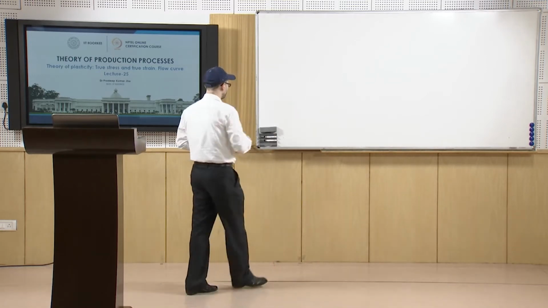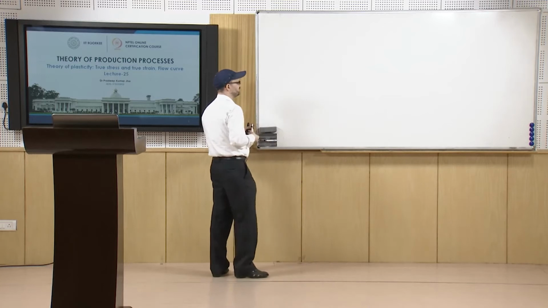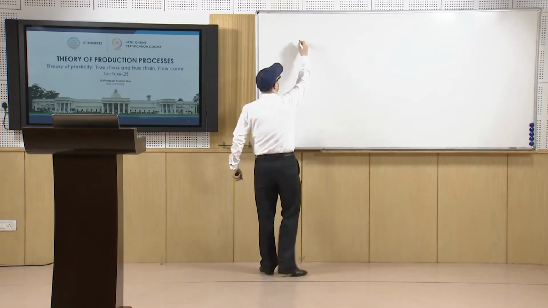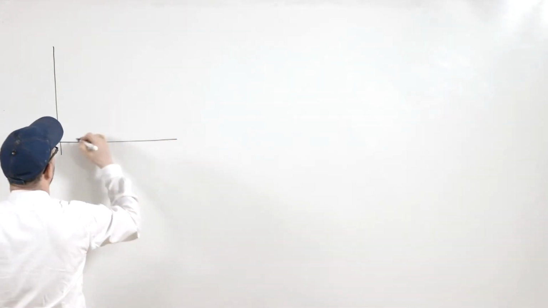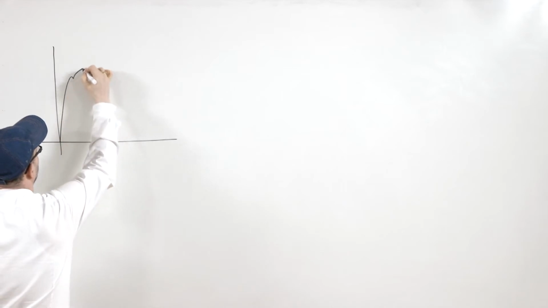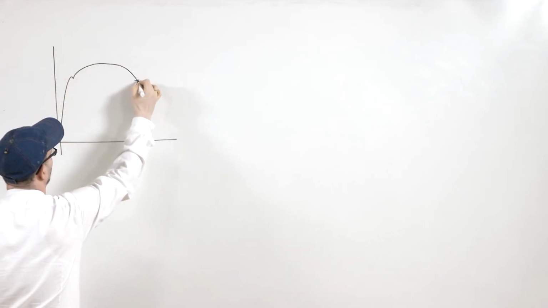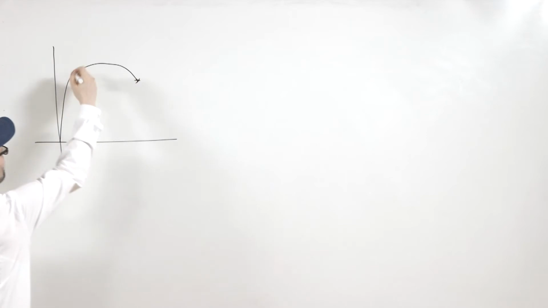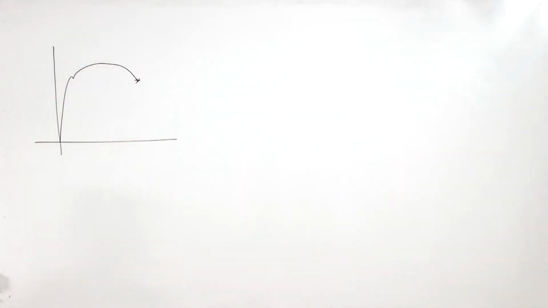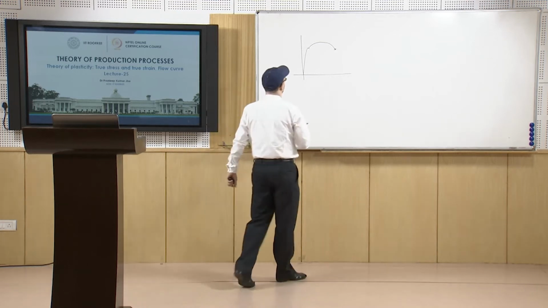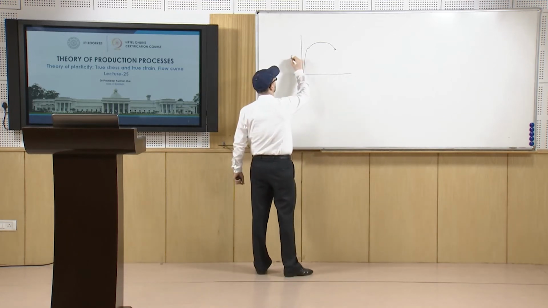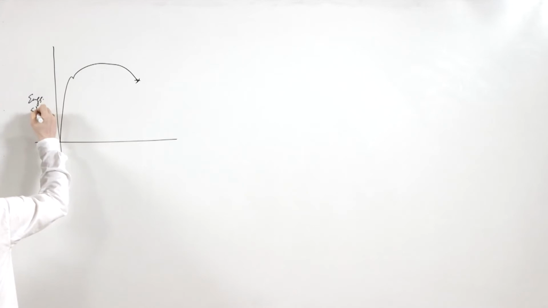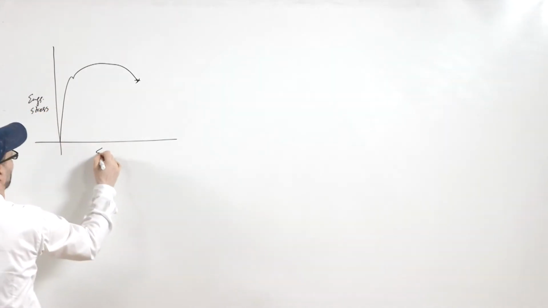So whenever we draw the engineering stress strain curve, it comes like this. This point is the fracture point. This is how the typical engineering stress strain curve looks like. This is engineering stress and this is engineering strain.